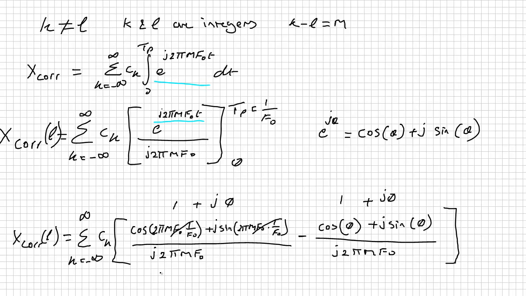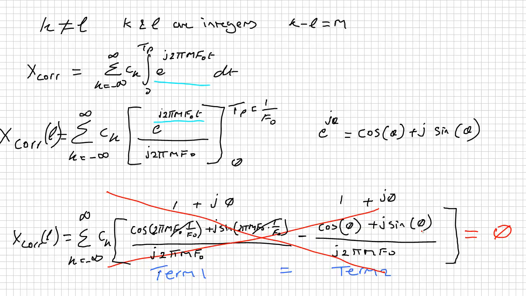So notice that term 1 and term 2 are the same, they're equal, and of course if you take the difference between these two, then we are left with 0. So this whole thing is going to equal 0. So case 2 will always result in an answer which is 0.